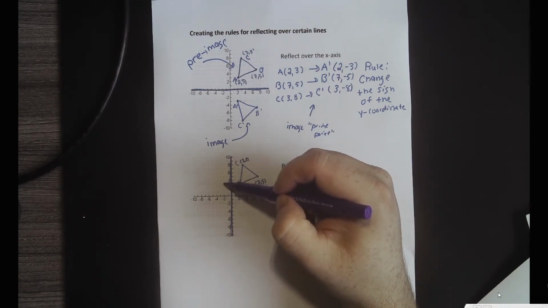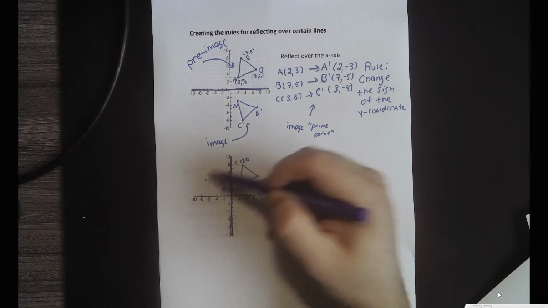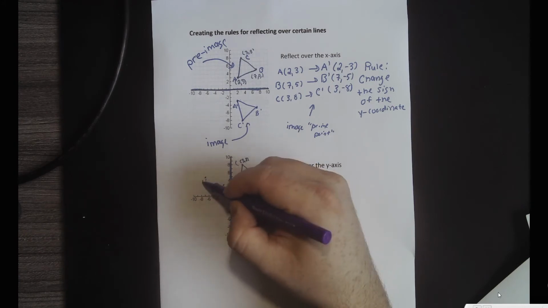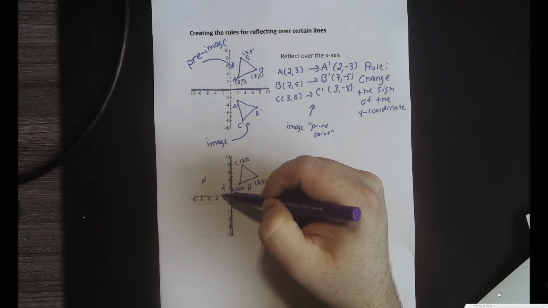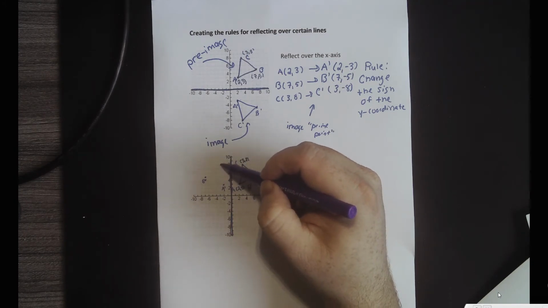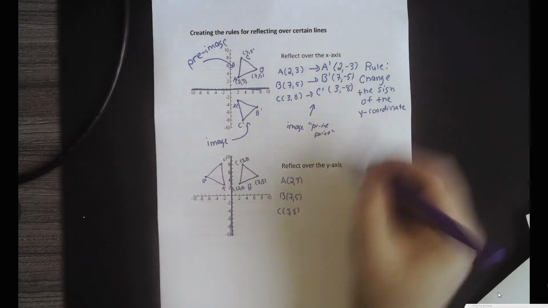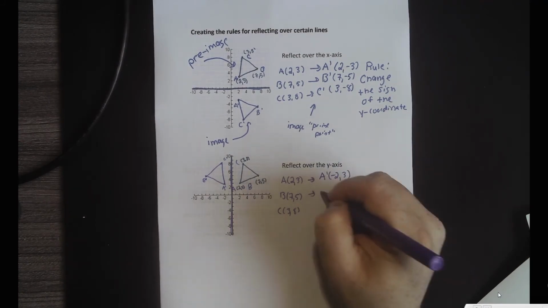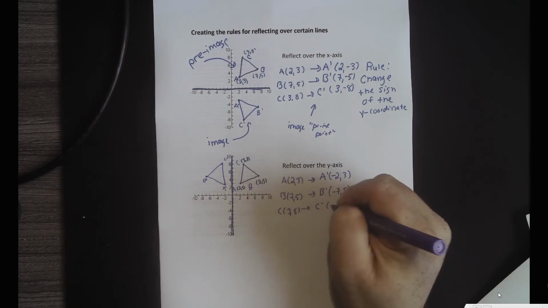Here's where my points are going to be if I could physically reflect it over. Okay, then we end up with A prime being (-2, 3), B prime being (-7, 5), and C prime being (-3, 8).